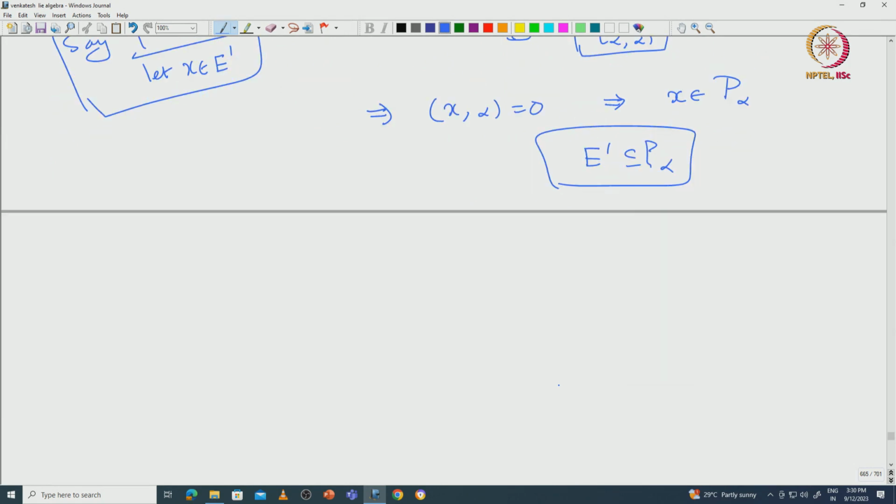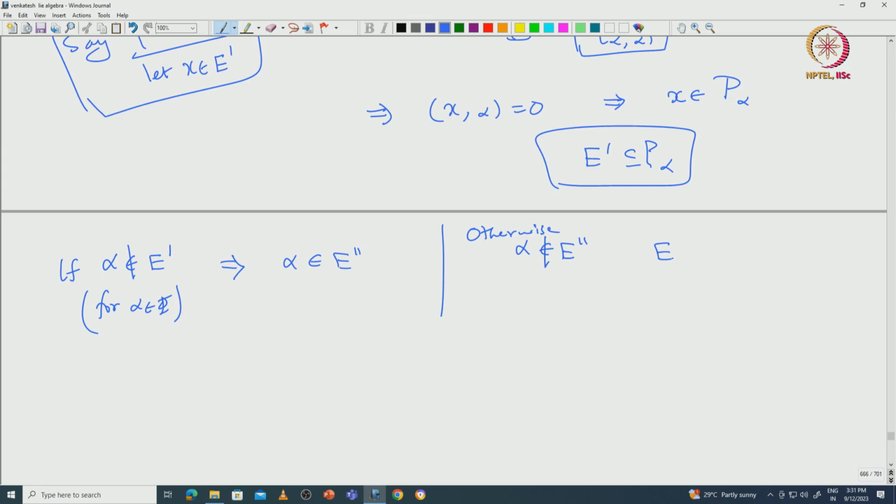Okay. So, now we can see that this also implies, if alpha is not in E dash, for this alpha in phi, then we should have alpha inside E double dash. Otherwise, suppose alpha is not in E double dash. Then from the earlier argument, since E double dash is also a W invariant subspace, E double dash is also a subset of P alpha.